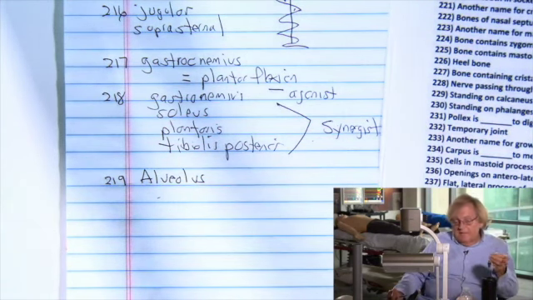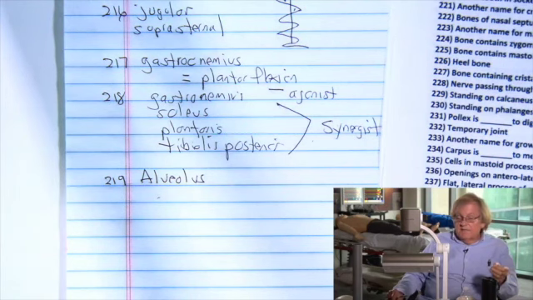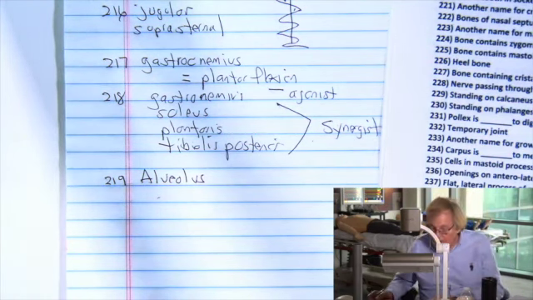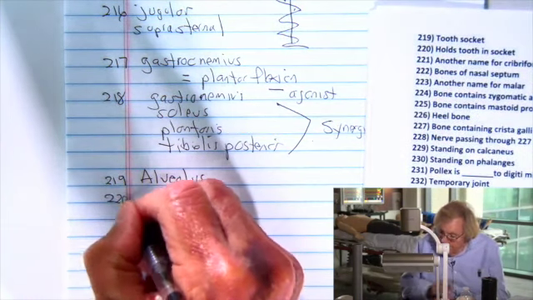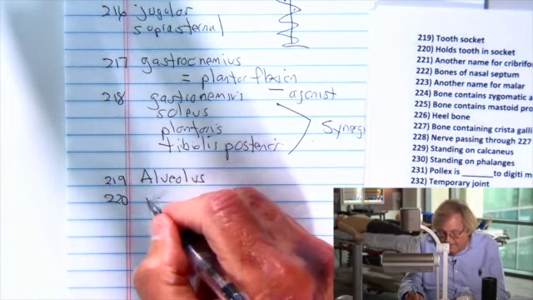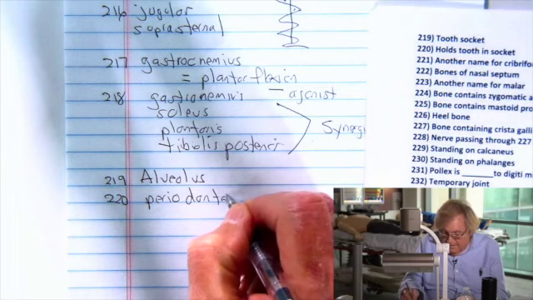Remember, it's the periodontal ligament that's going to attach the tooth to that socket. And it's that periodontal ligament that gets inflamed with periodontitis, which is the number one cause of tooth loss. 220 says what holds a tooth in a socket, and that's your periodontal ligament.